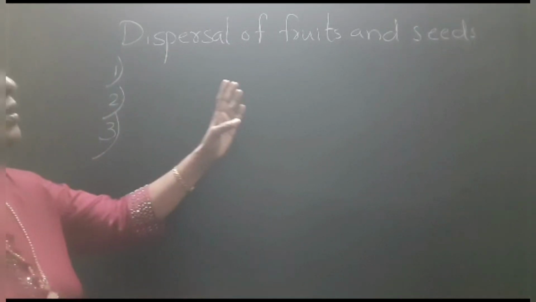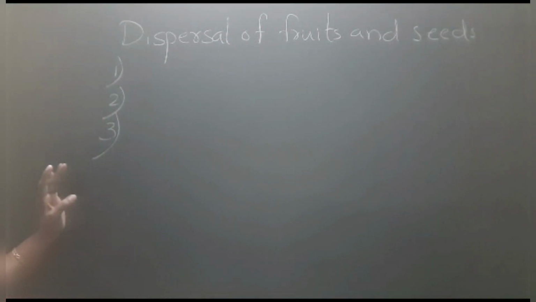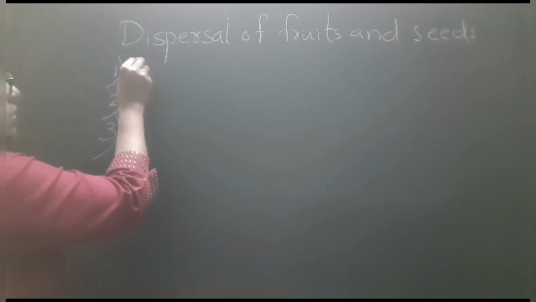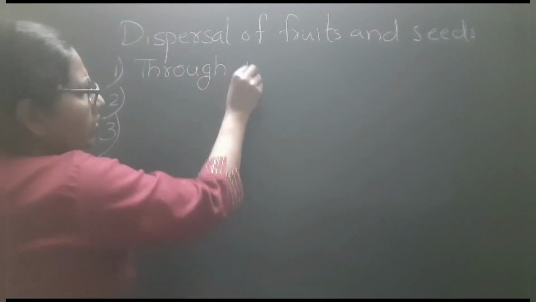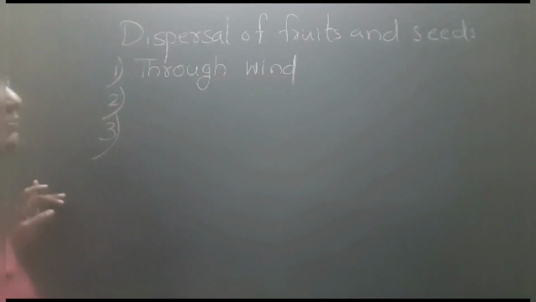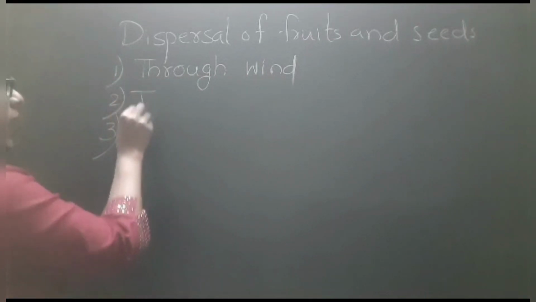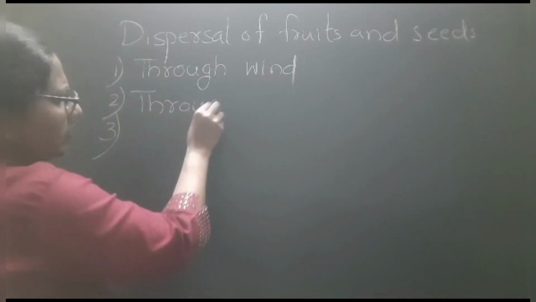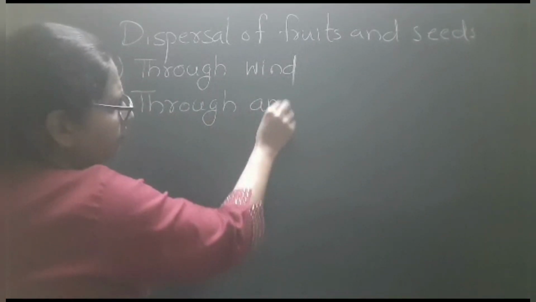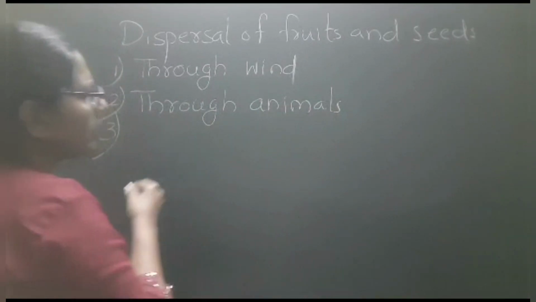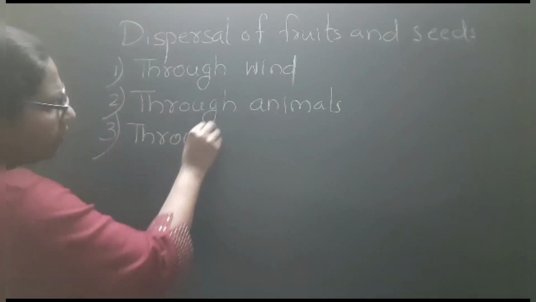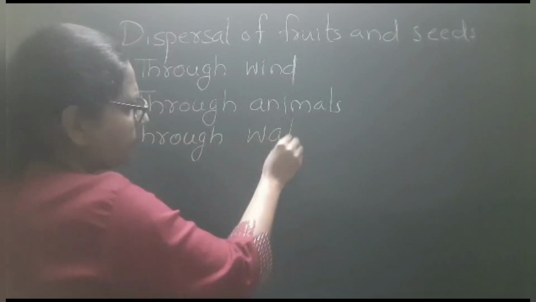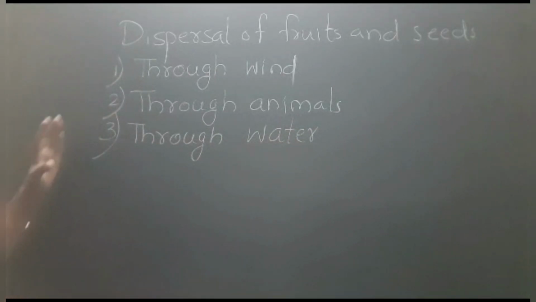Number one, through wind. Number two, through animals. Number three, through water. These are the three ways seeds can be dispersed.